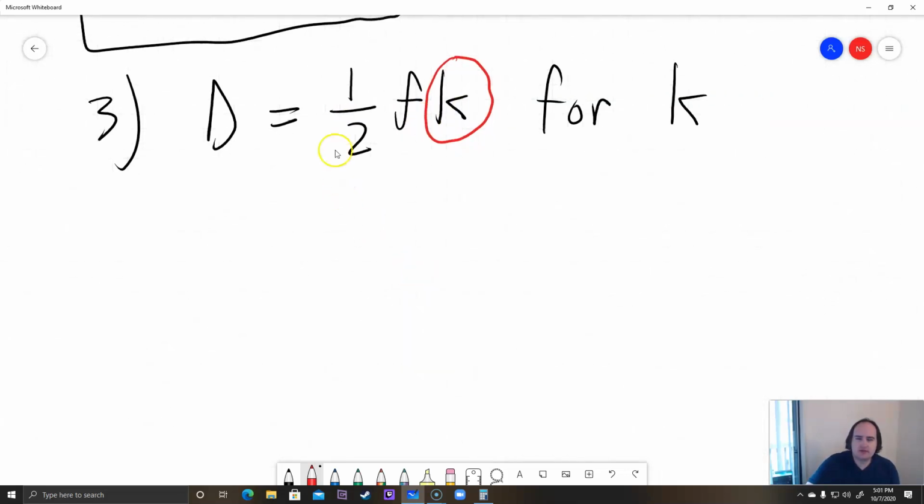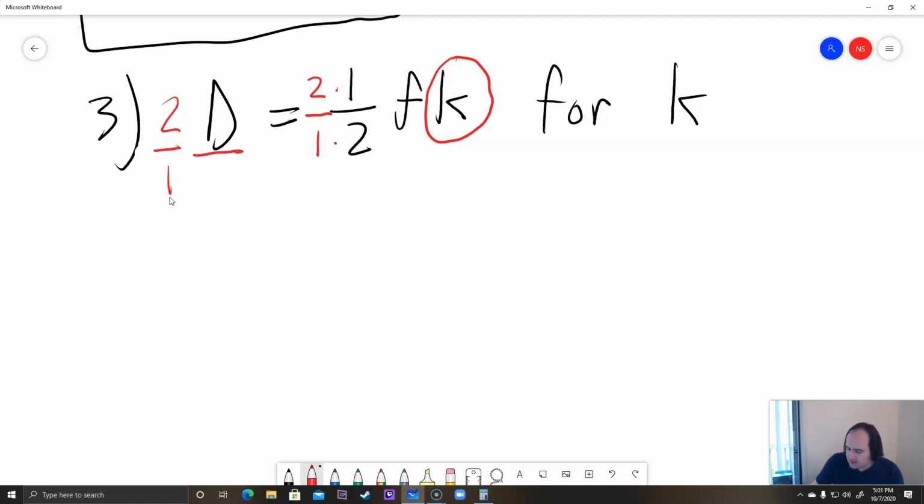Now remember, when you have a fraction like 1/2, the way you get rid of it is you multiply both sides by the reciprocal, which means you flip it over and multiply both sides by 2 over 1. So I'm going to multiply both sides by 2 over 1. And remember that d, the denominator, is just 1.